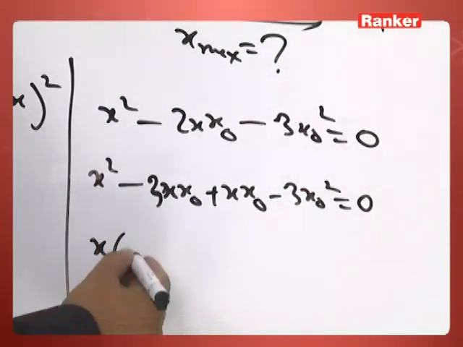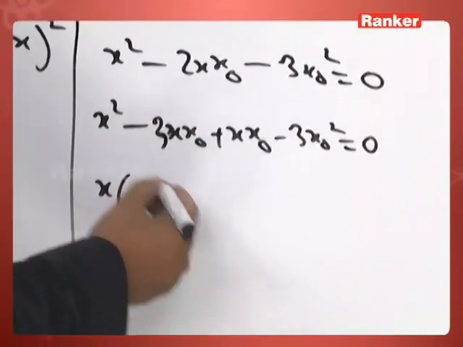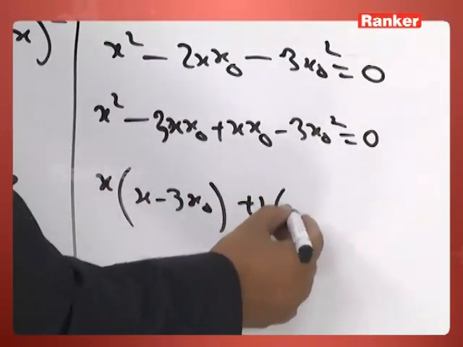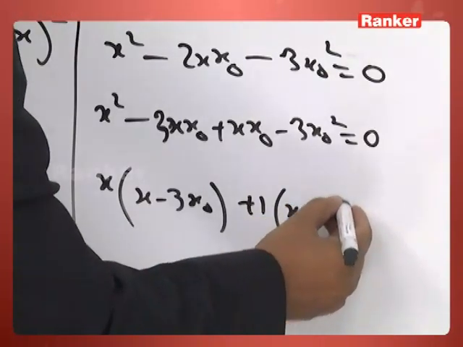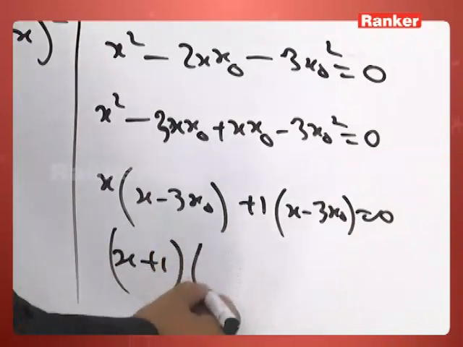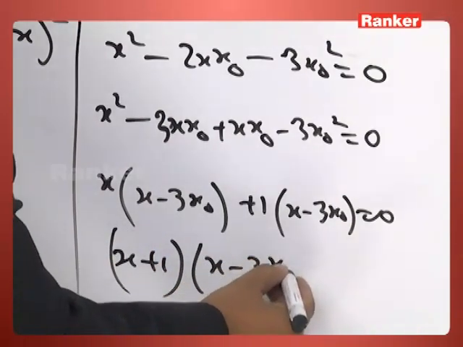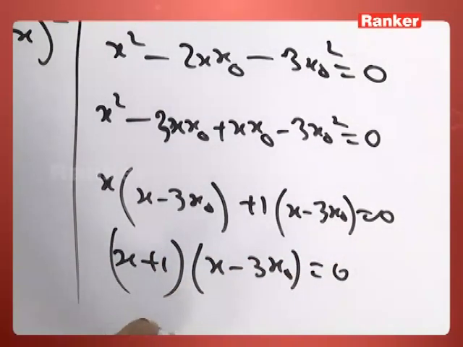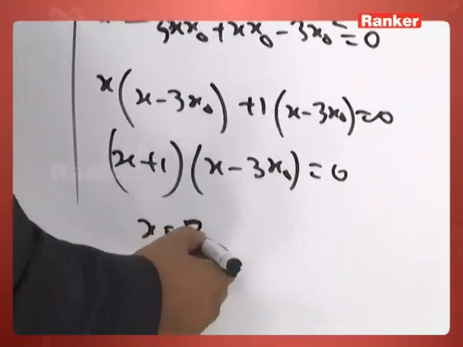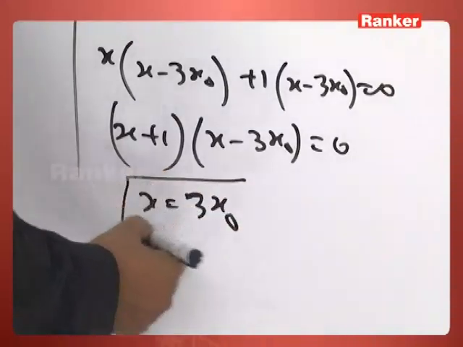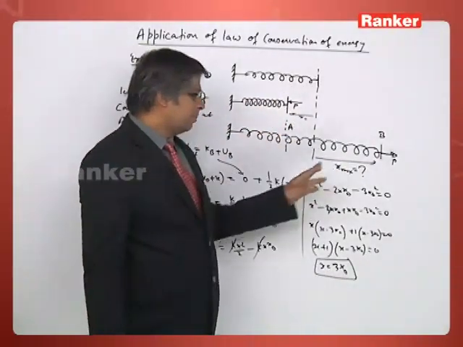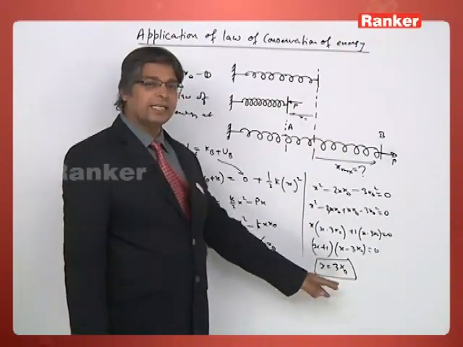I can take common x, then plus x naught, x minus 3 x naught equal to 0. So x plus x naught into x minus 3 x naught equal to 0. So x is equal to 3 x naught we got. That means this maximum x is 3 times x naught.